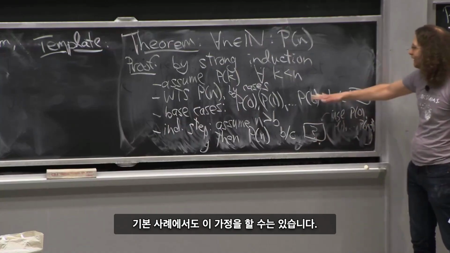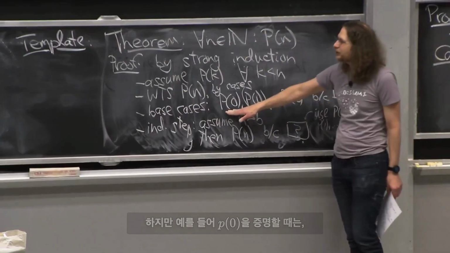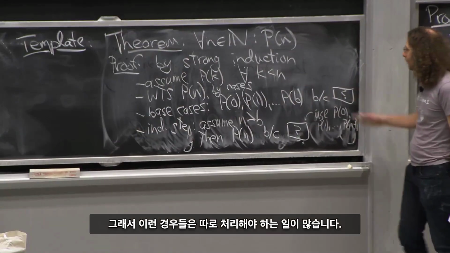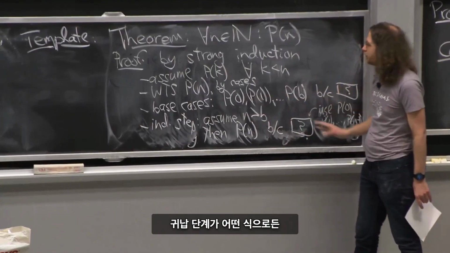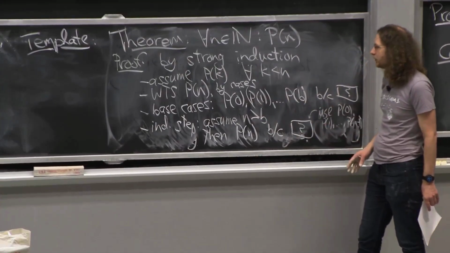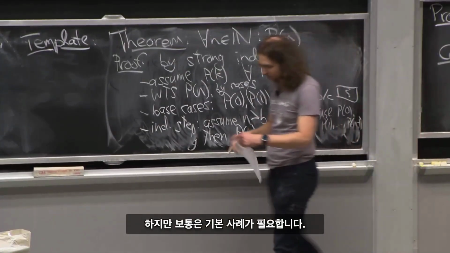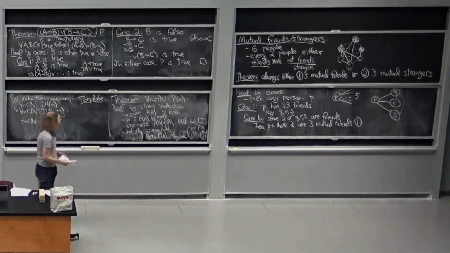And in the base cases, you also get to assume this, but for example, when you're proving P0, you don't really get to assume anything, because there are no smaller P's. So often you have to do these specially because the induction step assumes somehow that n is bigger than 0. Sometimes you get lucky, you just need the induction step, but usually you need base cases. Let's see some examples, and this will become much clearer.